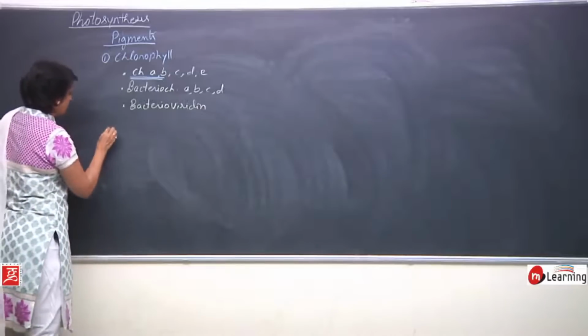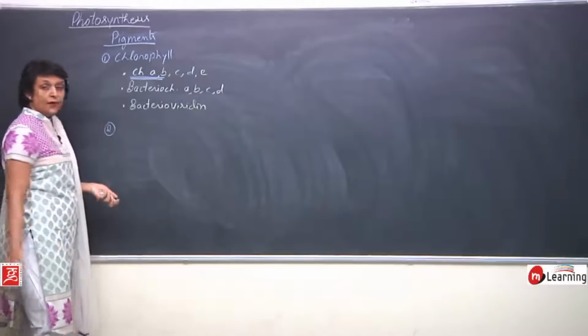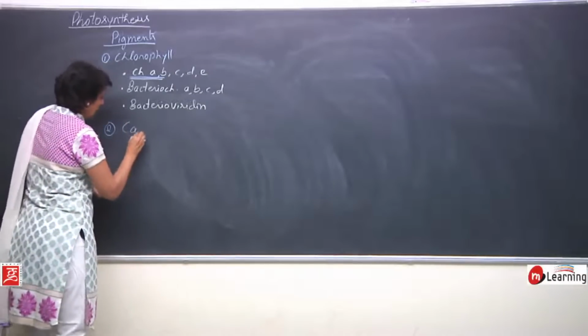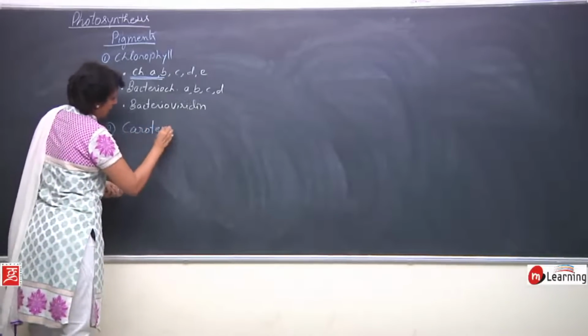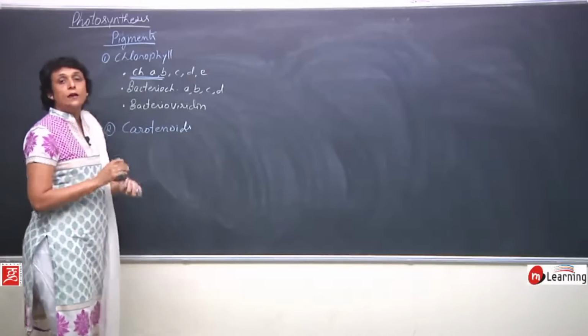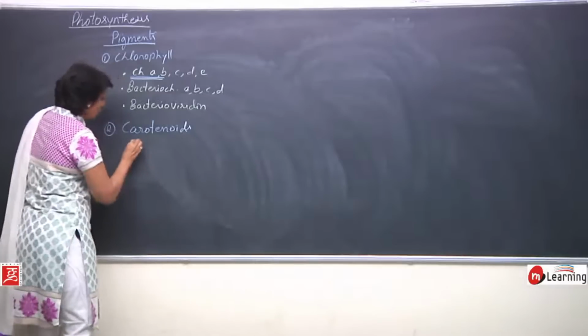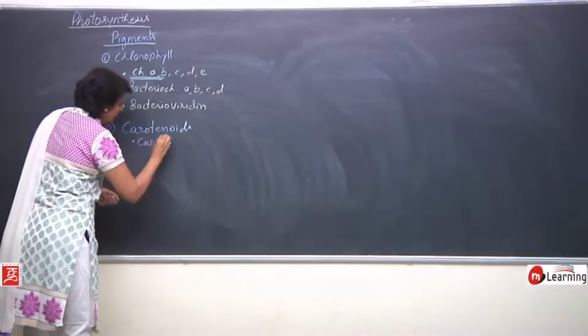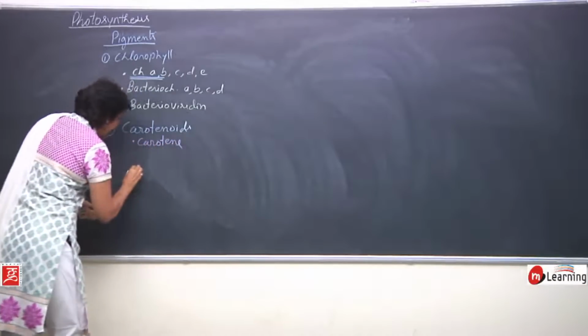Let us also write down about the other pigments which are there. Another group of pigments is known as carotenoids, which includes 2, carotene and xanthophyll.